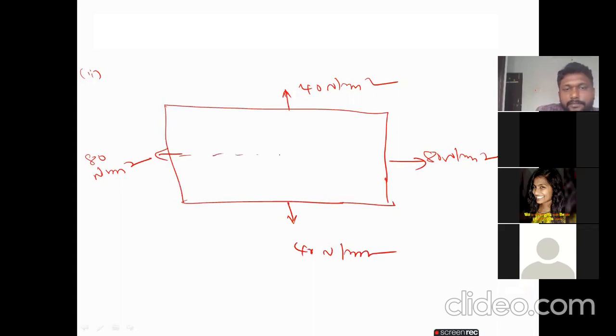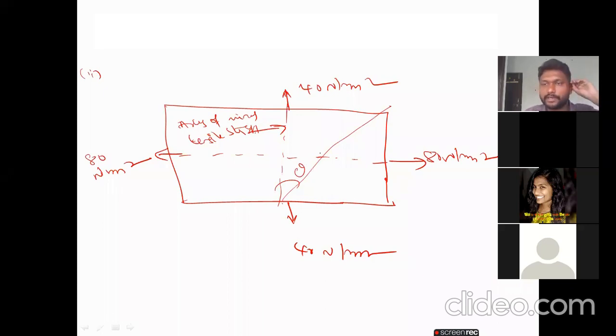This is the major and this is the minor tensile stress. Here it is called a, because it is minor, theta is given already. Now we have calculated the normal stress already.